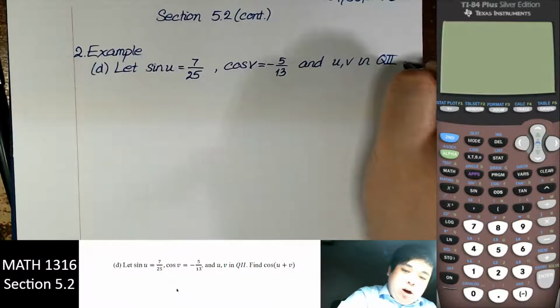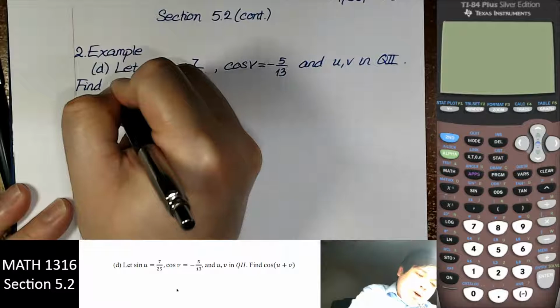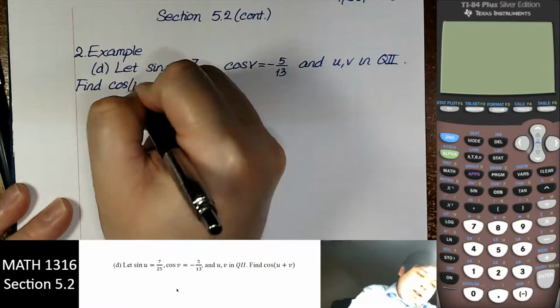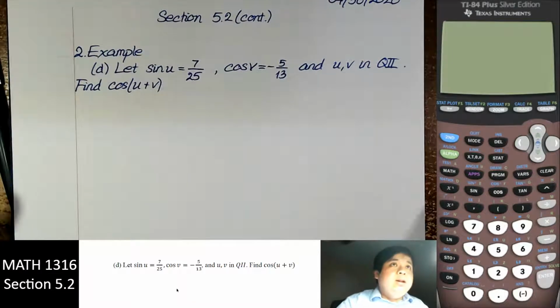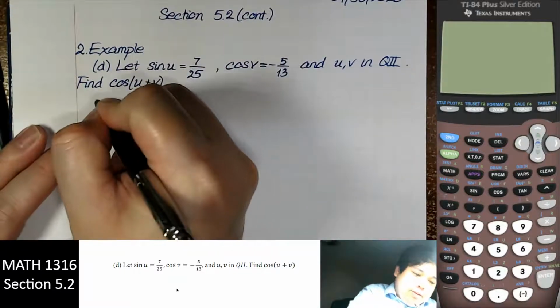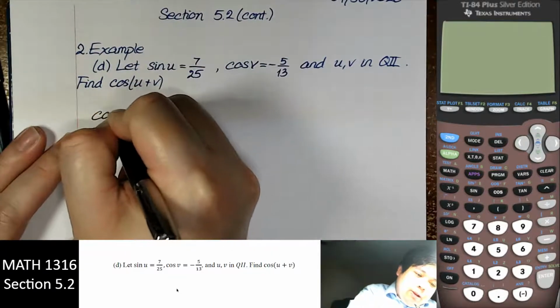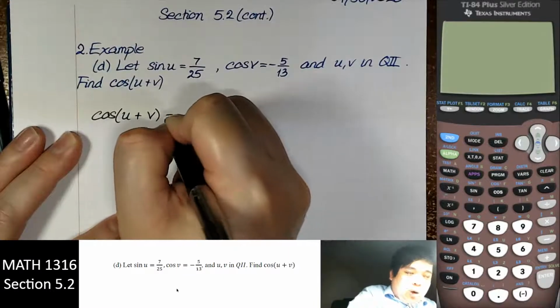Both of them in quadrant 2. Now we should find cosine of u plus v.